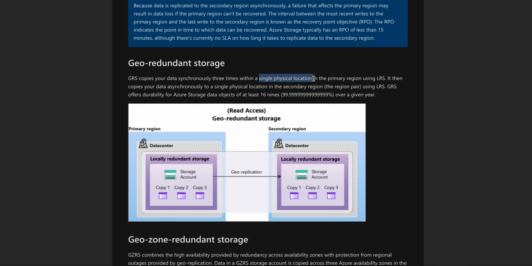And remember, we're talking about secondary region, not a primary region.